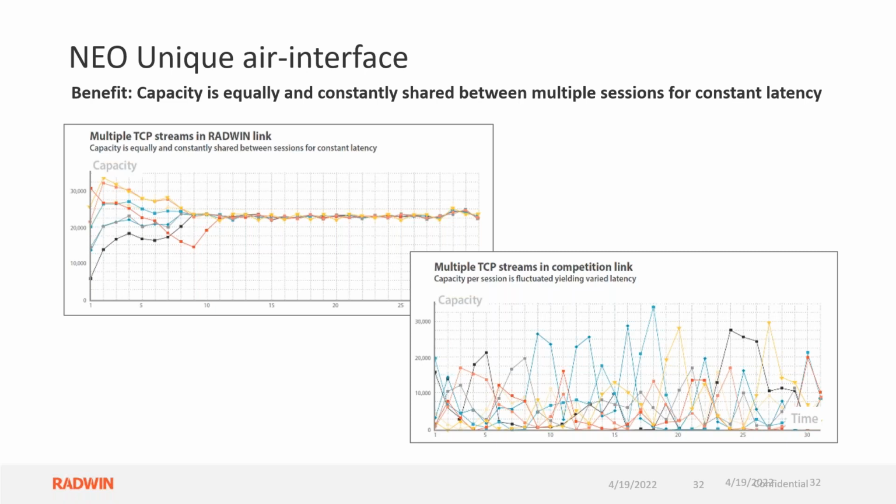But what we're doing within the APs, both the Neo as well as the Jet, as we see multiple streams coming in, we start managing those streams and leveling out the jitter. We take each frame and each packet and break it up into much smaller pieces than you would normally see.